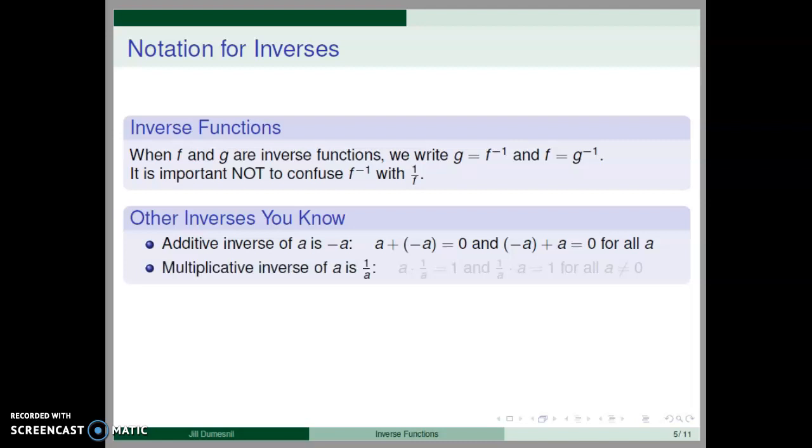The multiplicative inverse of the non-zero real number a is the number 1 over a. Recall that a times 1 over a is 1, and 1 over a times a is 1 for all a not 0. Multiplicative inverses multiply to the multiplicative identity. Similarly, we have inverse functions composing to the identity function for composition.